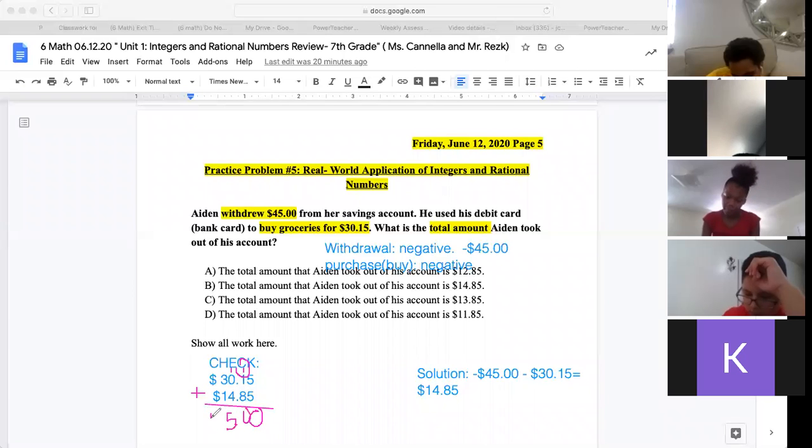And 4 and 1 make 4. So it's $45. So therefore, I can give myself a big fat green check mark to show that the answer has to be choice B of $14.85.